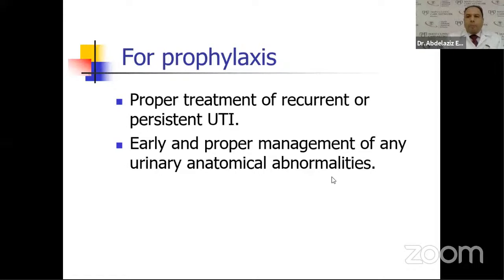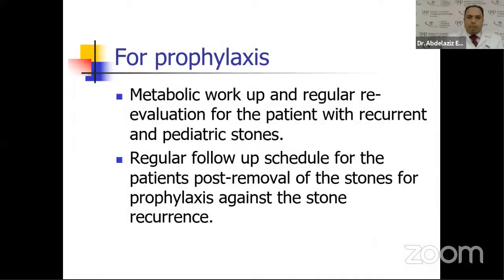Early and proper management of any urinary tract anomalies like pelviureteric junction obstruction, refluxing ureter, ureteric stricture, posterior urethral valve, and other congenital anomalies, which may be associated with urinary tract stones.